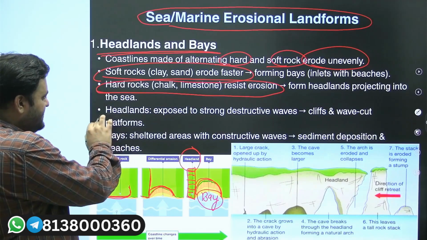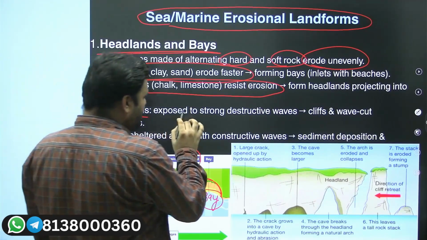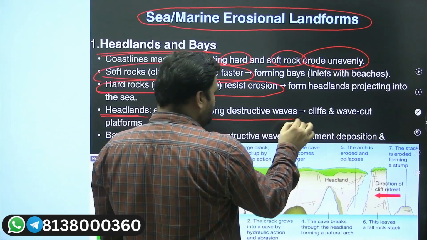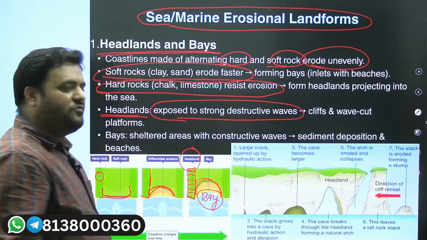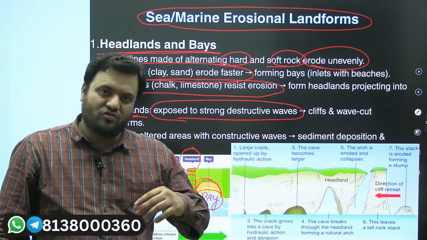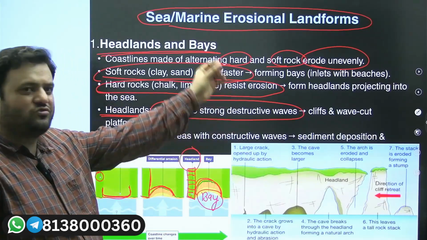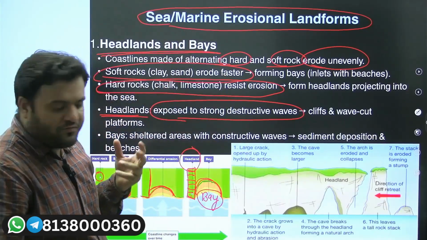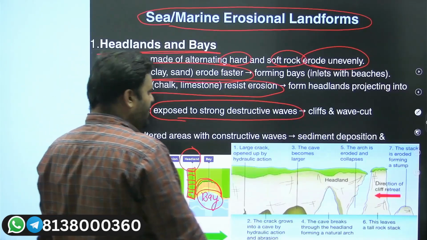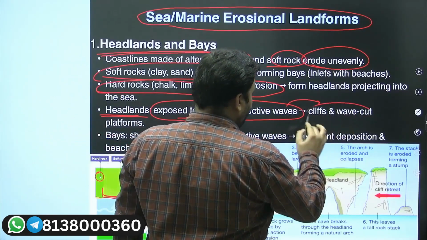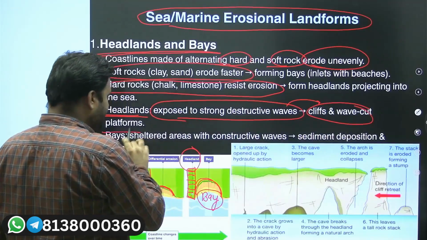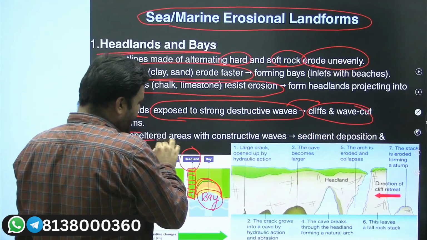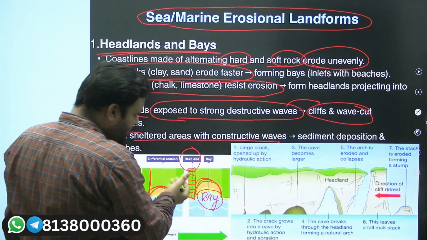So headlands are the part of the coastline exposed to strong sea waves, exposed to the erosional or denudational action of sea waves specifically. As a result of this, cliffs and wave cut platforms will be formed. Bays are the sheltered areas with constructive waves.